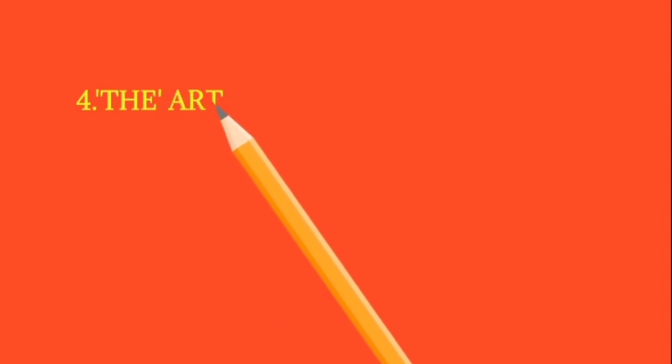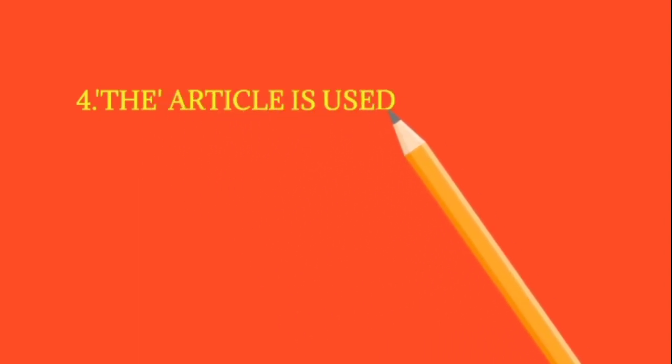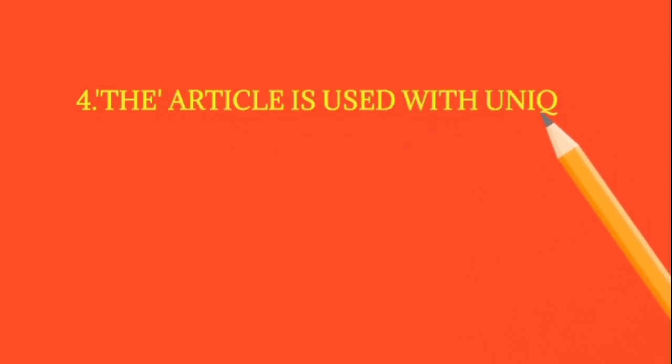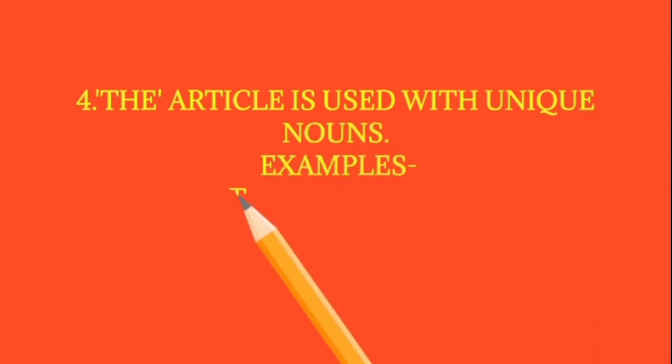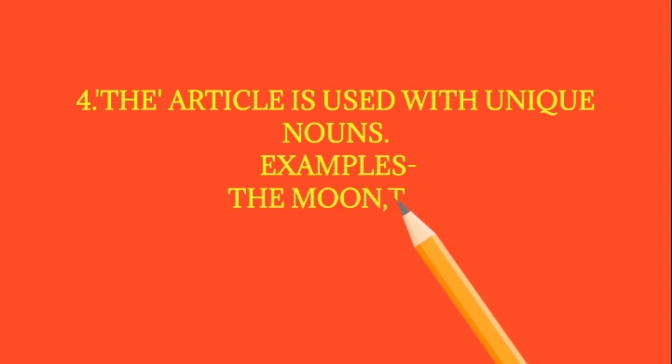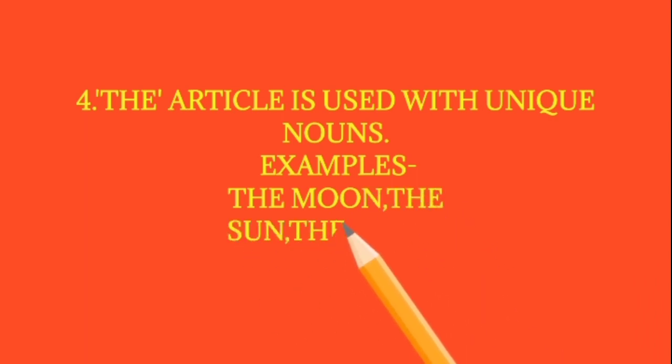Next, the article is used with unique nouns. For example, the moon, the sun, the earth. Here, moon, sun and earth are unique names. So we have to use the article with unique nouns.